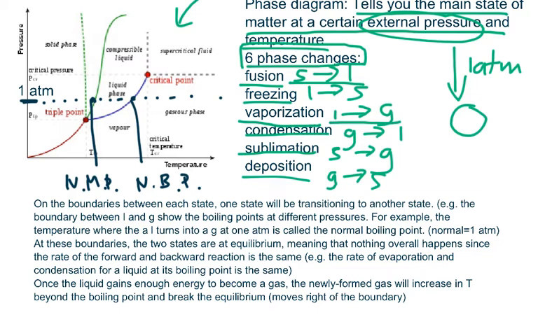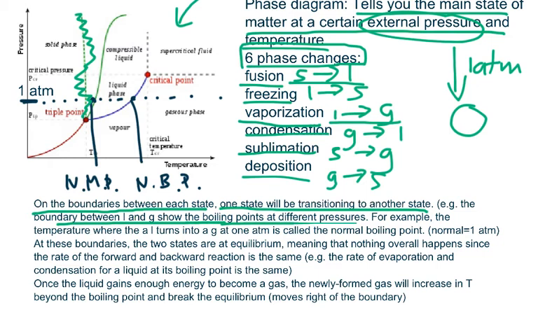So for the time being, ignore this dotted line on this phase diagram and focus on everything else. On the boundaries between each state, one state will be transitioning to another state. So, for example, the boundary between the liquid and the gas shows the boiling points at different pressures.